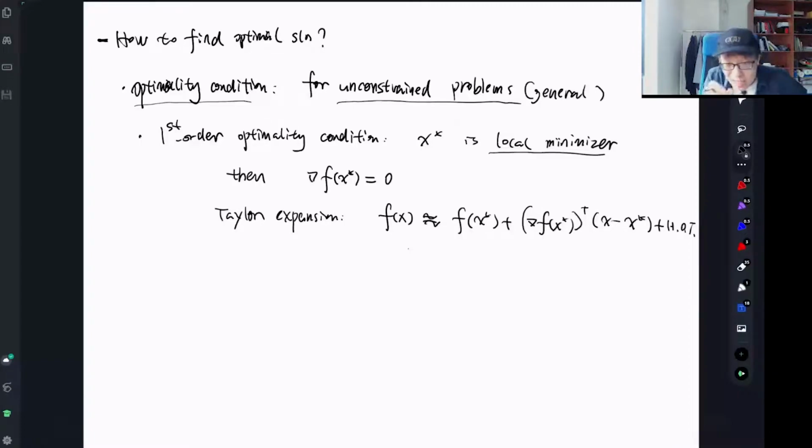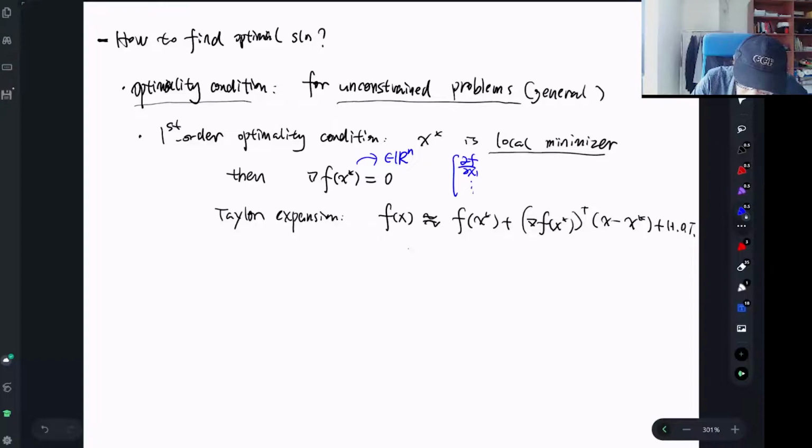Let me repeat, infinitesimally close to x star, x star is the best, it's the lowest cost. And if that's the case, then the gradient has to be 0. This is a 0 vector in Rn, defined as partial f partial x1, all the way to partial f partial xn. So this thing needs to be a 0 vector.